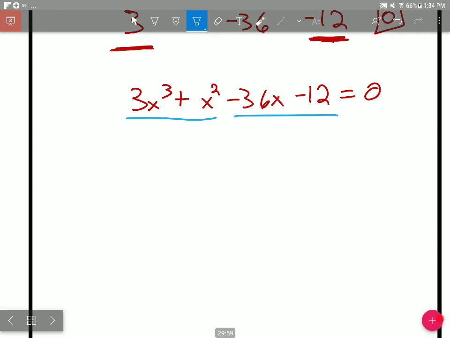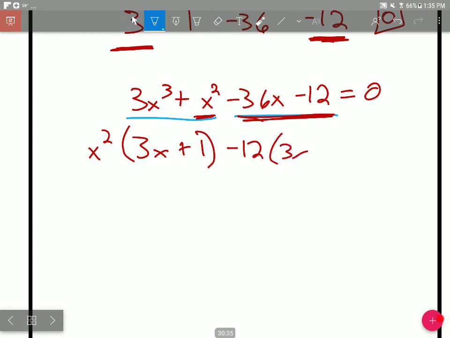What is the biggest thing you can divide out of the first two? An x squared, and that's it. That leaves us with a 3x and a... what's this divided by x squared? 1. All right, to get another 3x plus 1, what can I divide the second 2 by? Negative 12. And indeed, we get a 3x plus 1.